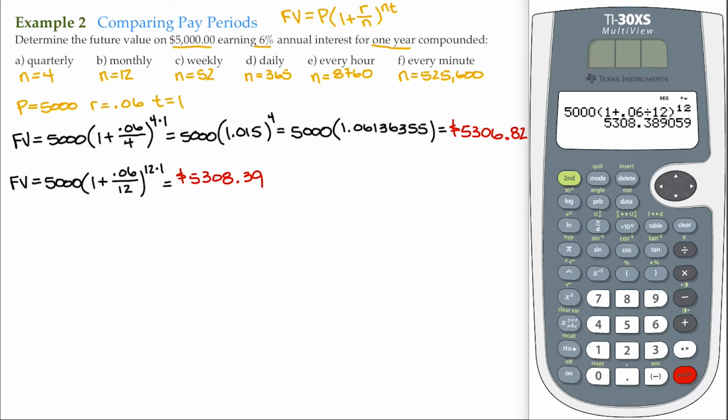So it seems to make sense that as the number of compounds increases, the rate of return increases. We went from $5,306.82 with 4 compounds up to $5,308.39 with 12 compounds. More compounds, bigger return.